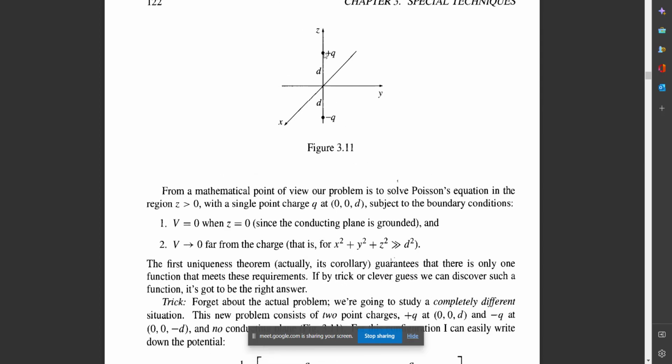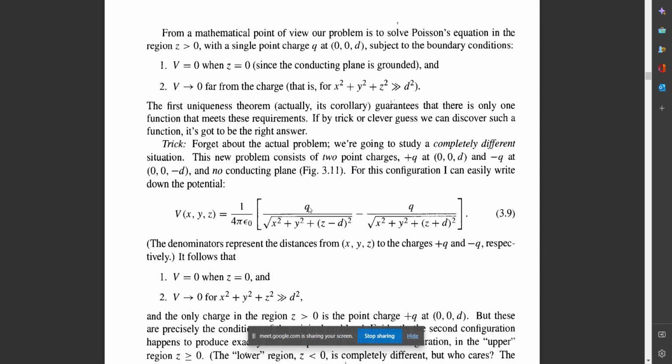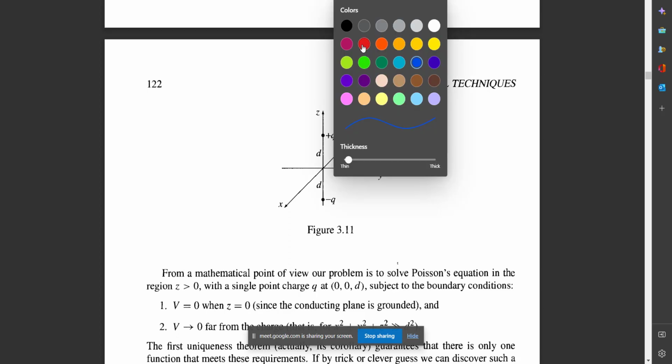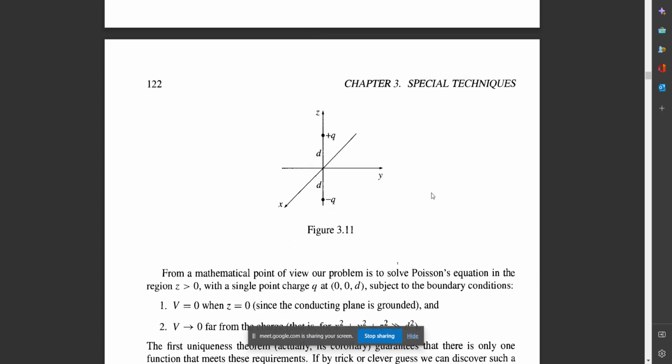First, for point charge q, it will be q upon the square root of x square plus y square plus... let's say we want it for this point, point P. Point P here is x comma y comma z.